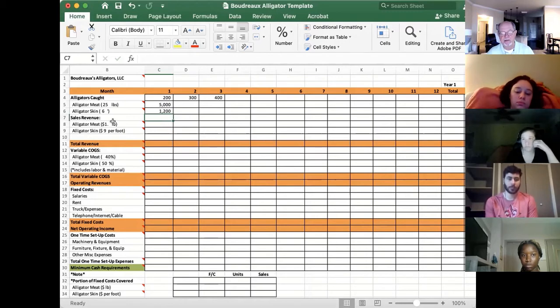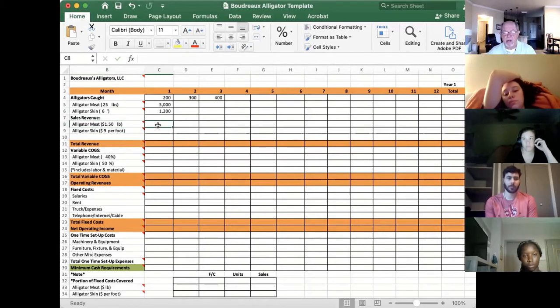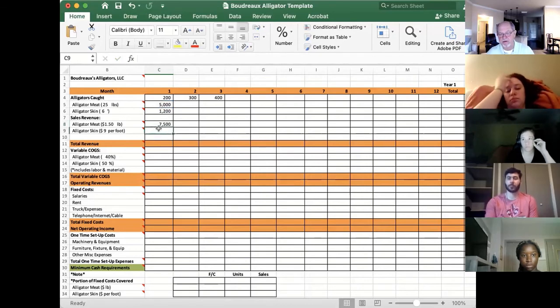So I didn't finish this off. What we know is we now want to calculate his revenues. And the way we do that is we say, hey, we've got 5,000 pounds of meat. We're going to multiply it times what we're going to get a pound, which is $1.50. So what we've got is $7,500 we'll see in the first month.